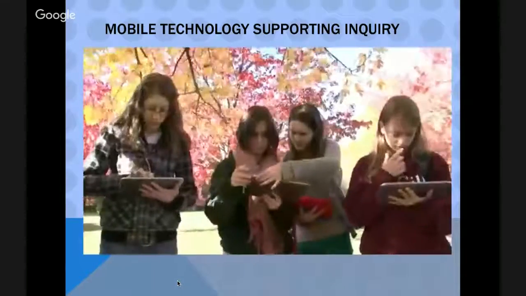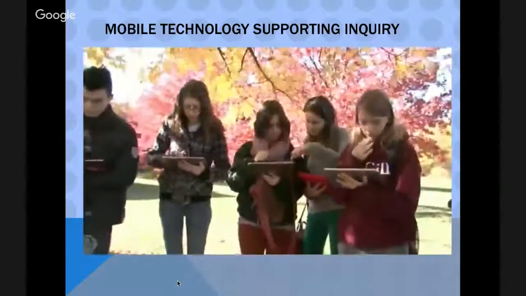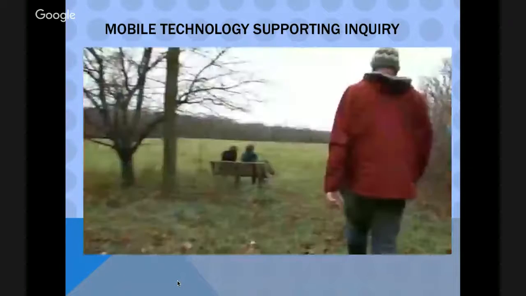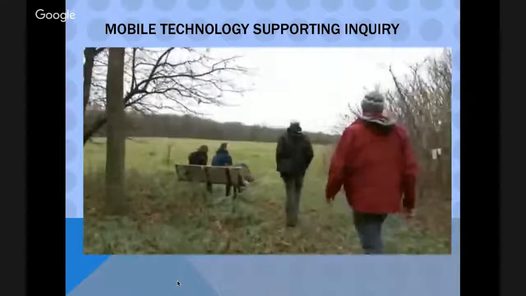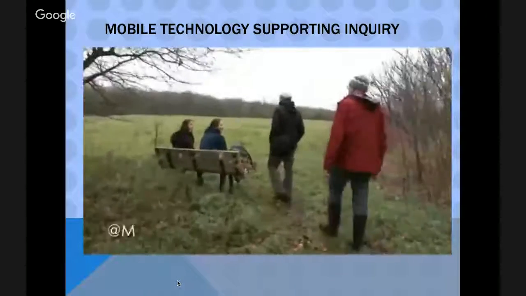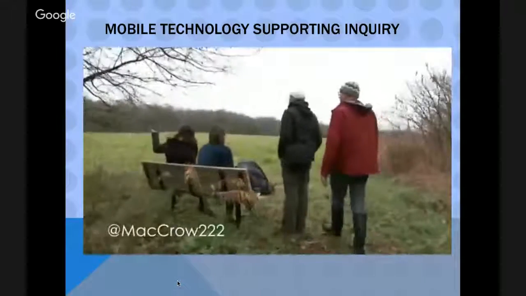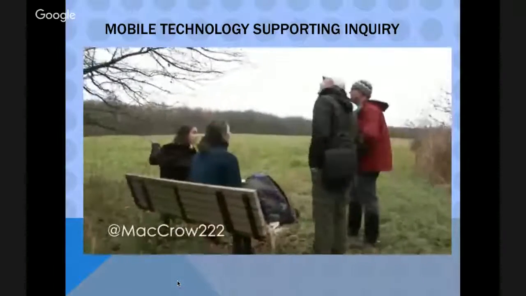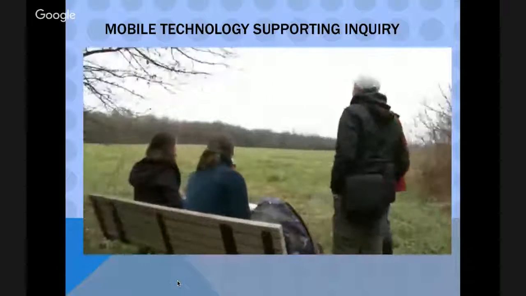We specifically designed things where we didn't need the mobile technology. That's an important point. We didn't say we have to have the mobile technology for this to work. What we did was we said, okay, if we had mobile technology, what's the value added component? As an example, one group worked with American crows, and they were really keen to understand the different types of sounds that crows make.